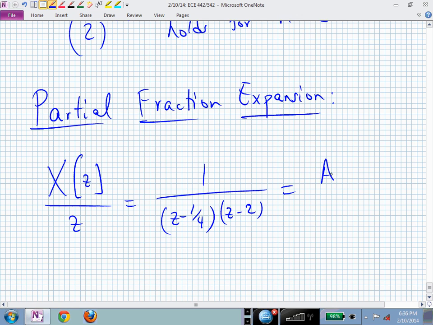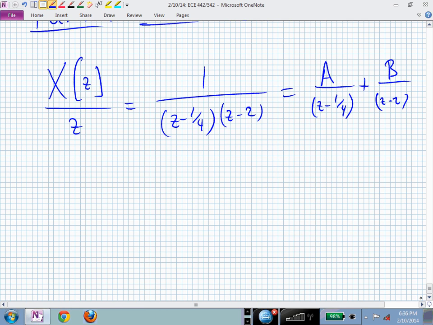We can now say that's a over z minus 1/4 plus b over z minus 2. And a we can find just like we've done for the Laplace. We multiply both sides through by the factor downstairs associated with a, which is z minus 1/4, and evaluate the left-hand side when that factor vanishes, or when z is equal to 1/4.